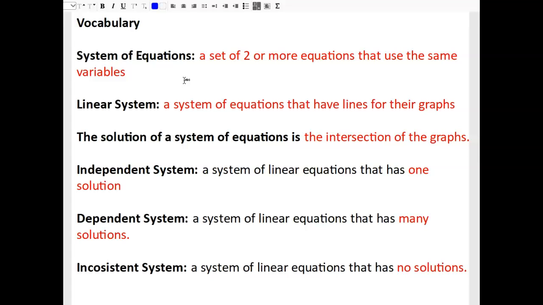A dependent system is a system of linear equations that has many solutions. And an inconsistent system is a system of linear equations that has no solutions.